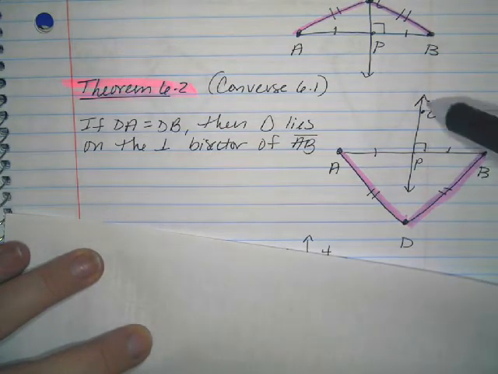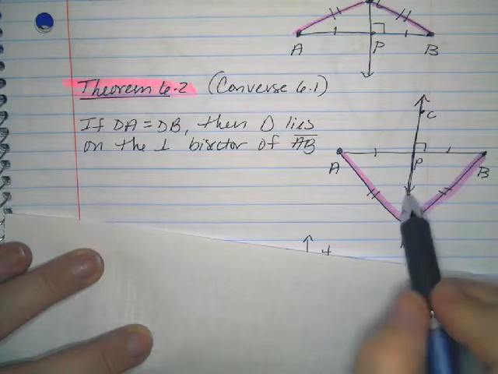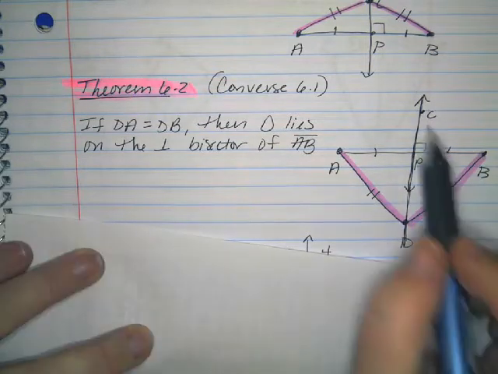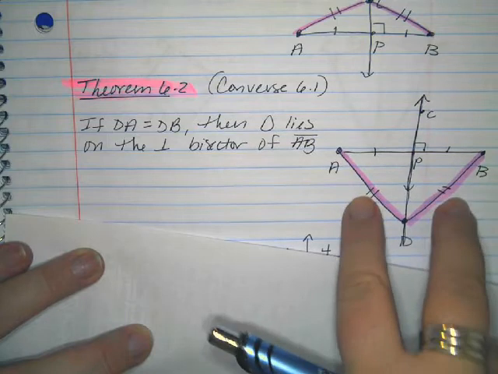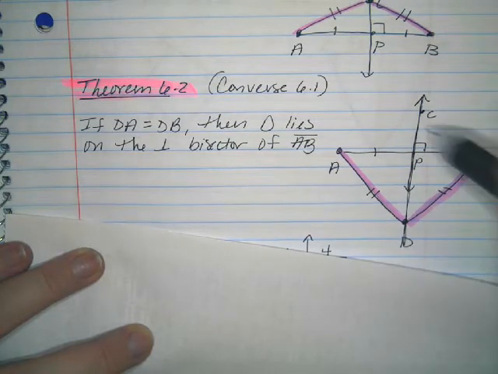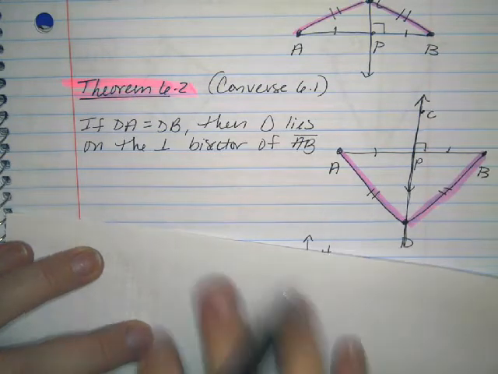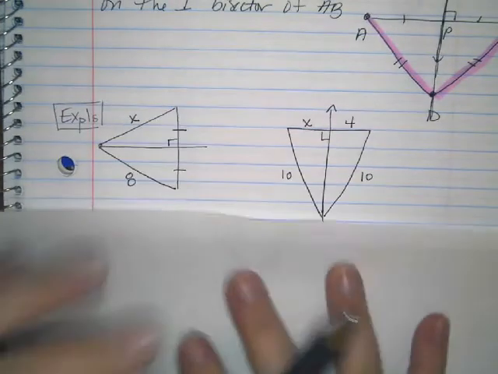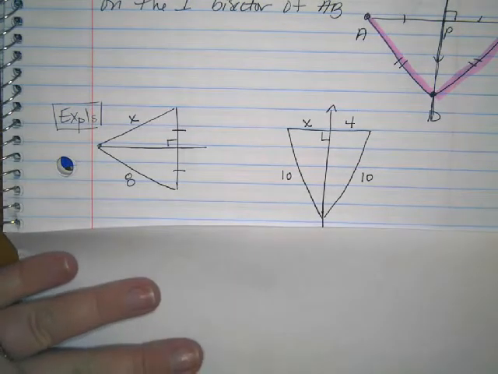I could extend the line to see that this lies on the perpendicular bisector, but sometimes they just don't extend it, but it is lying within that perpendicular bisector. So if they say these are the same, then I know that point D lies on that perpendicular bisector.